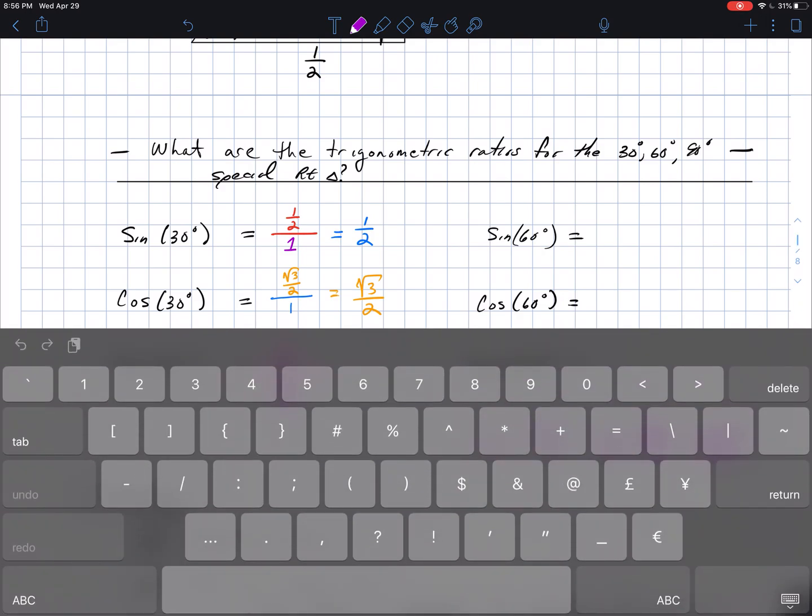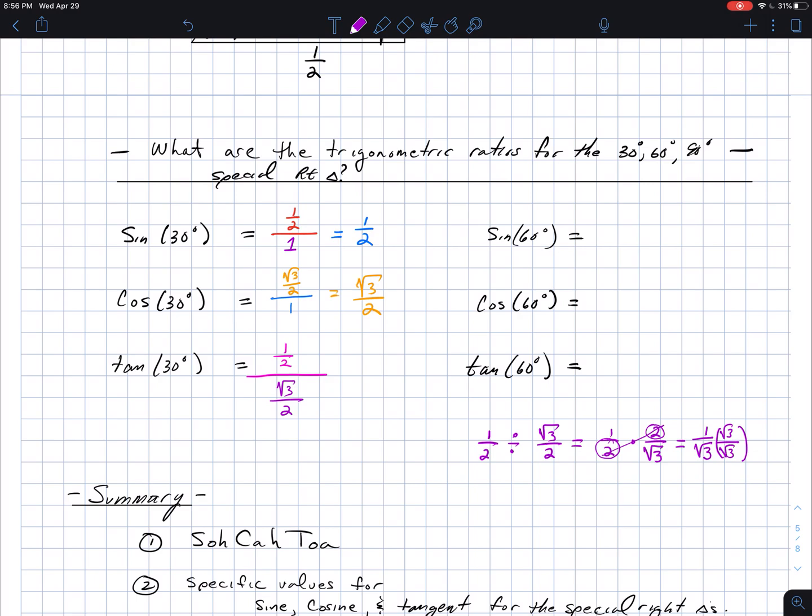Well, this is equal to the square root of 3 all over 3. Because when you multiply 1 times the square root of 3, you get the square root of 3. When you multiply square root of 3 times the square root of 3, you get the square root of 9, which is simply 3.